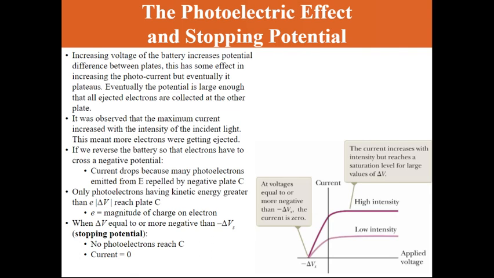Normally, electrons ejected by the incident light did not necessarily reach the other plate, but by increasing the voltage, you could make sure that all ejected electrons do reach the other end. Then there is a faster rate of electrons going through the circuit, and so you measure a larger current.